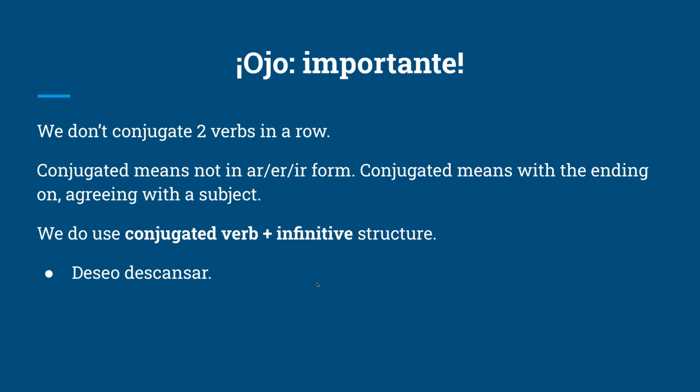Like you couldn't say deseo descanso. Instead, it's I want to rest. Deseo descansar. Necesitamos trabajar. Conjugated form, that's the we form, and then followed by the infinitive. So that's not going to be how it is in every sentence, but that is an allowable structure. So we're just looking at things that are good to know right now.